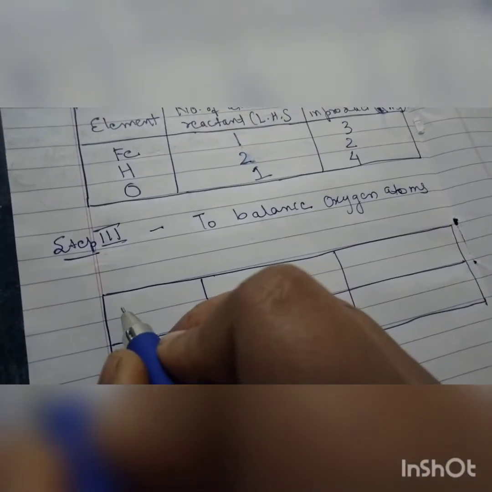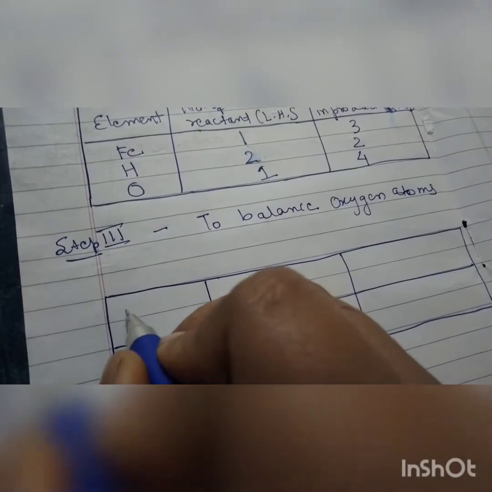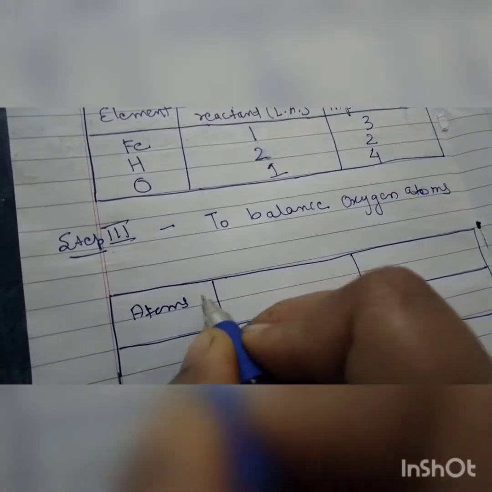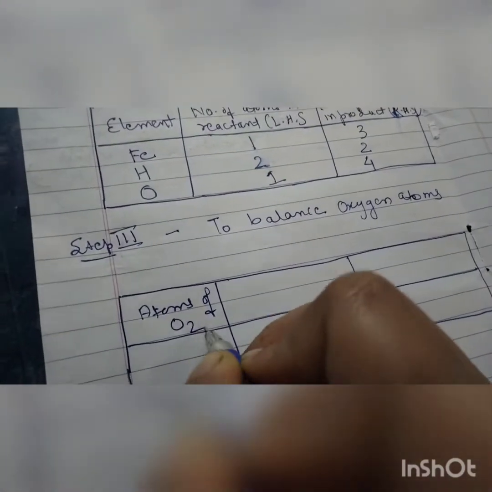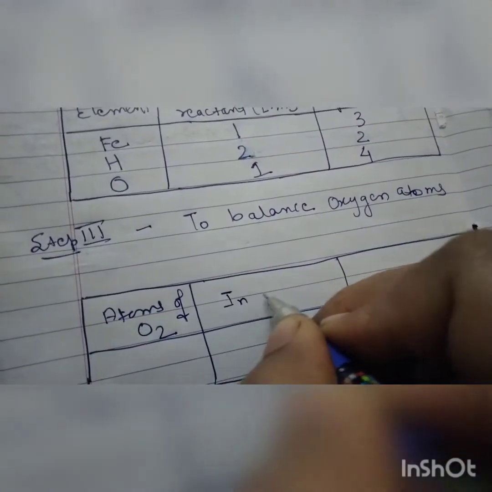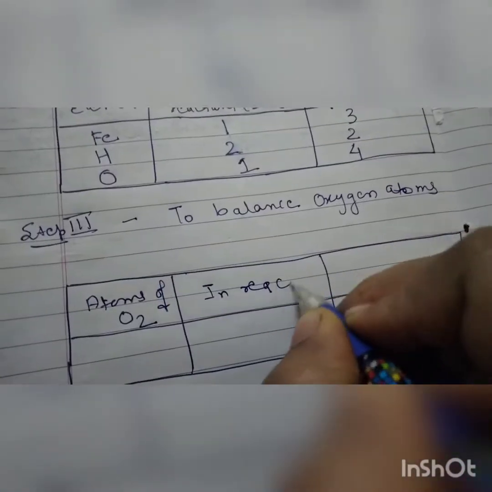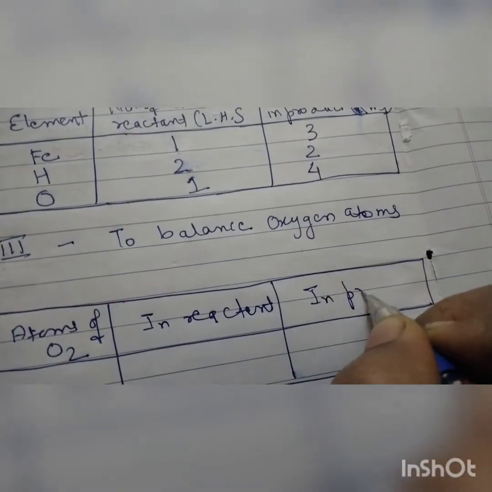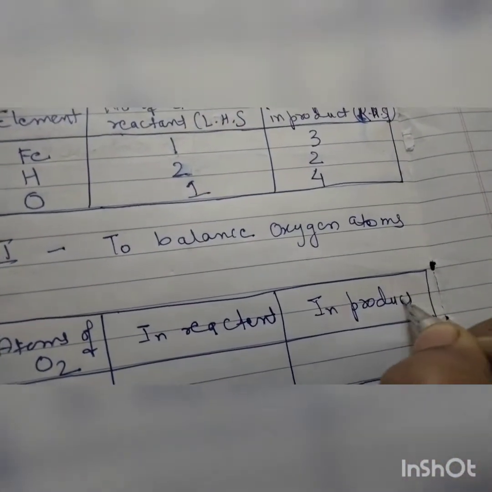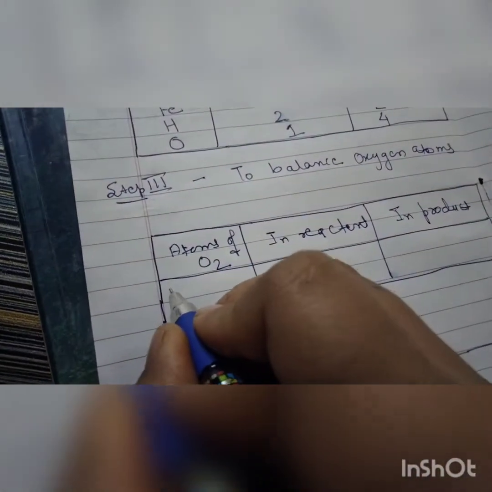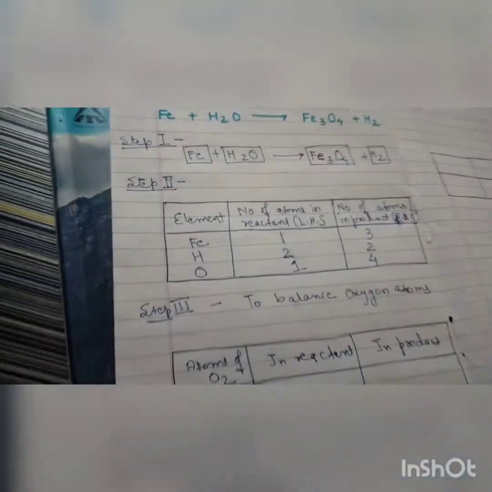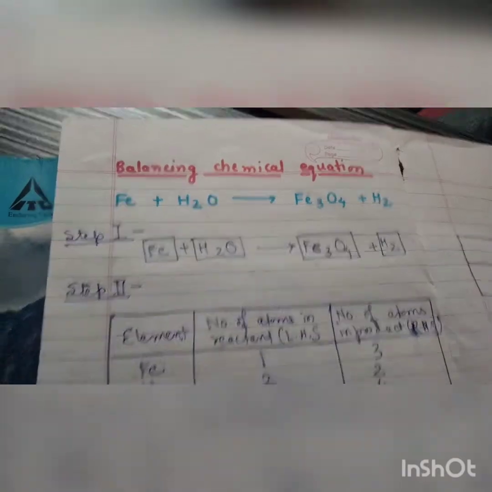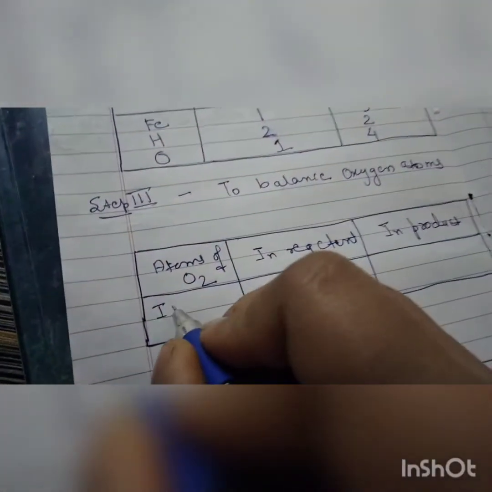So our atoms of oxygen, so in reactant and this side in product. So initial number is, initial means whatever is present in our reaction. So I am taking here initial.